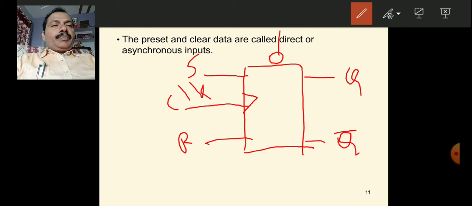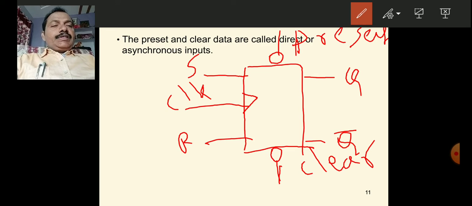This is the preset input, PR. This is the clear input, CLR. So these are the asynchronous inputs to the SR flip-flop.